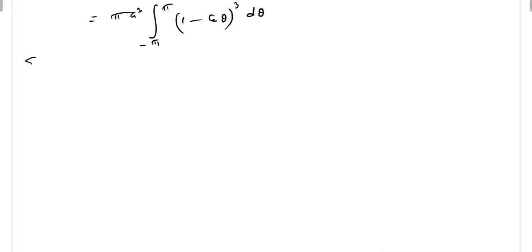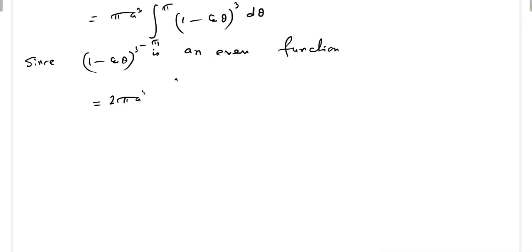Since 1 minus cos theta whole cube is an even function, this is equal to 2 pi a cube, the integral from 0 to pi of 1 minus cos theta whole cube d theta.